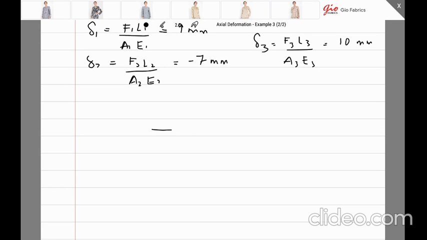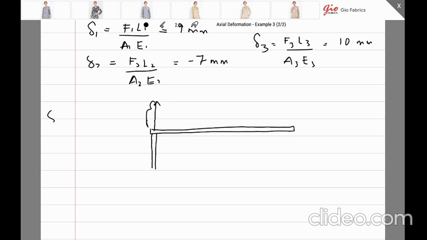This is the initial position, before the deformation. At point A here, this is rod 1, and it is elongated by 9 mm. So let's say this is 9 mm.